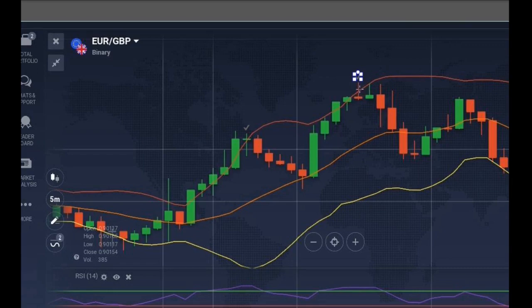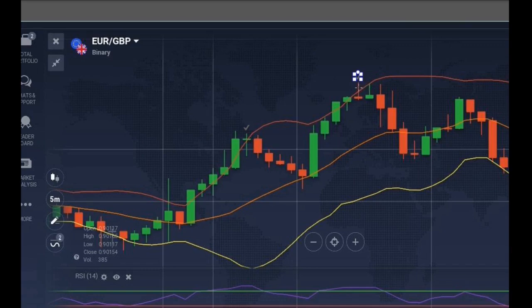Okay, so you're going to wait for a retracement to the middle level of the shooting star's wick. As soon as price retraces back to the middle line of this wick, the next thing you need to do is place a new 5 minutes trade.